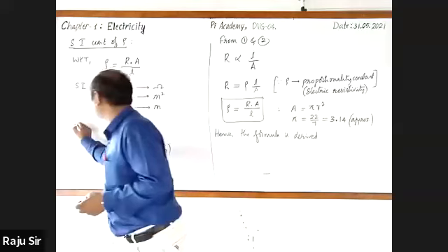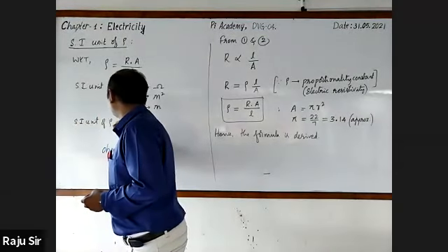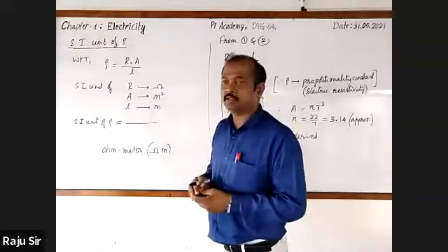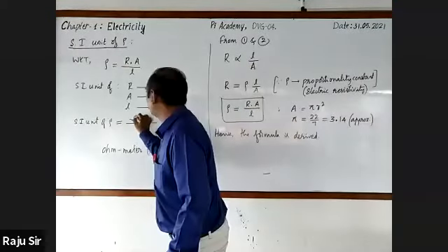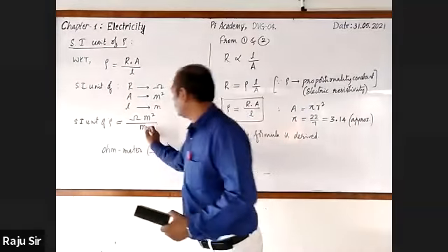Next, write SI unit of rho, that is equal to, here we are finding that R is ohm, A is meter square, length is M. Now M and square get cancelled.